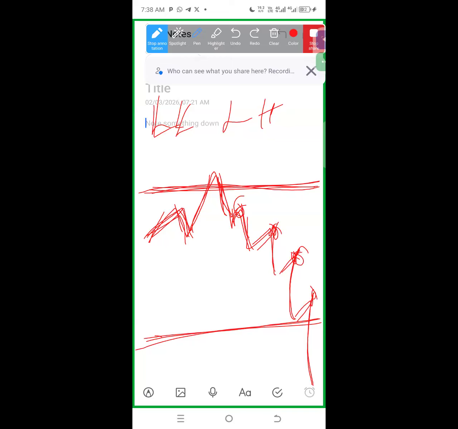So when you come here, this is a lower low, lower high, lower low, lower high, lower low, lower high, like that. Do you get it?